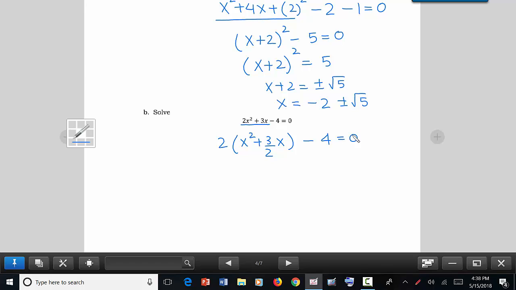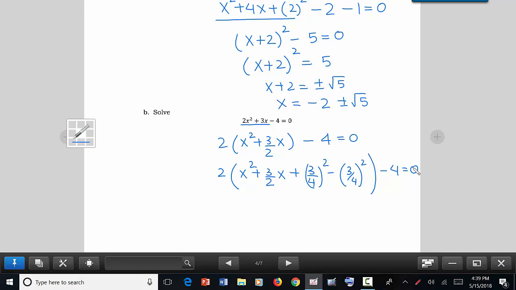Now we will be taking care of things inside the parenthesis as we did before. What is the half of 3 over 2? That is 3/4. So 3/4 squared, but we don't have that, so we have to subtract to balance that out, minus 4 equals 0.